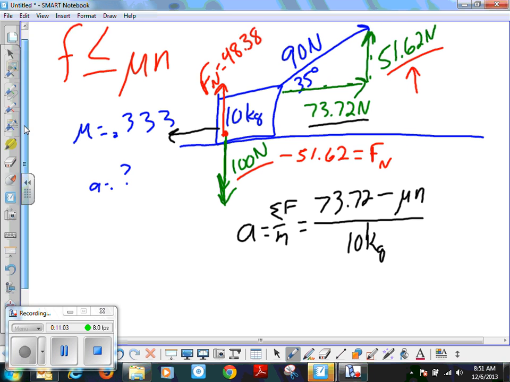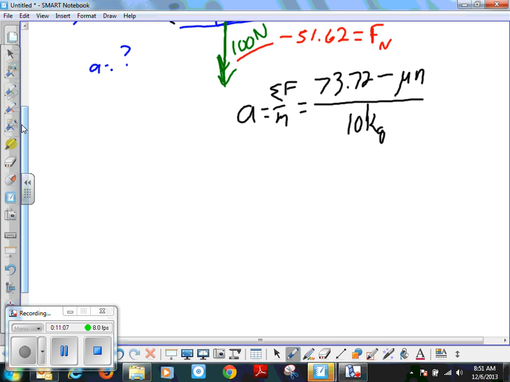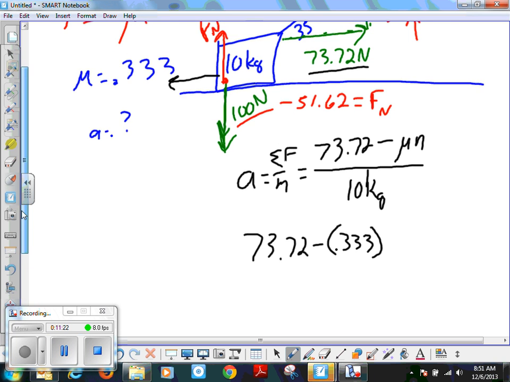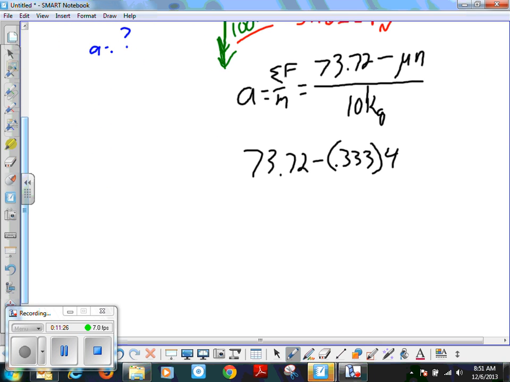So 73.72 minus 0.333, which is our coefficient, times our normal, which is now 48.38.